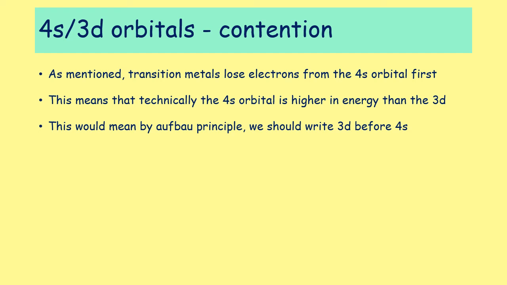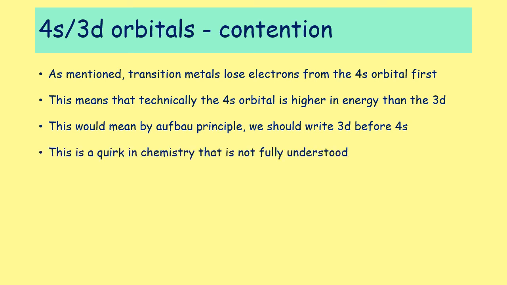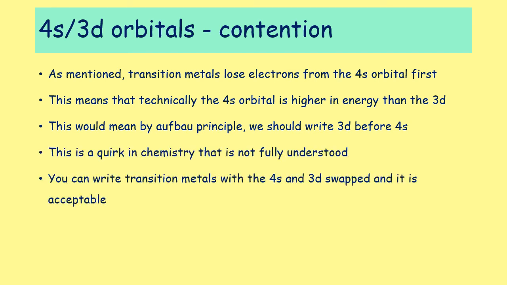So it is unclear under the Aufbau principle which should come first, 3d or 4s. So you are not marked wrong if you write the 4s before the 3d or the 3d before the 4s. I would stick to using how it comes across in the periodic table, putting the 4s before the 3d. Just remember that the 4s electrons are lost first.